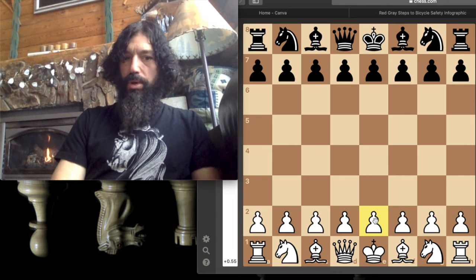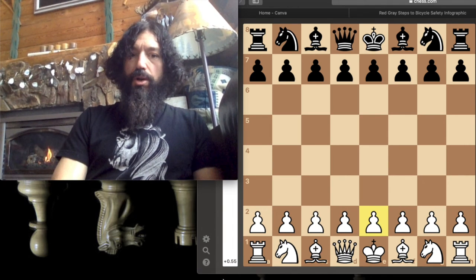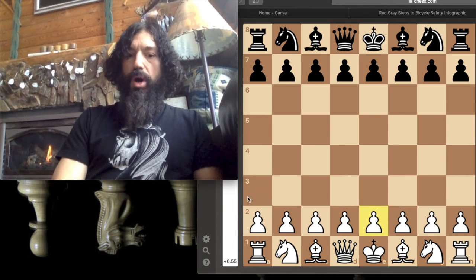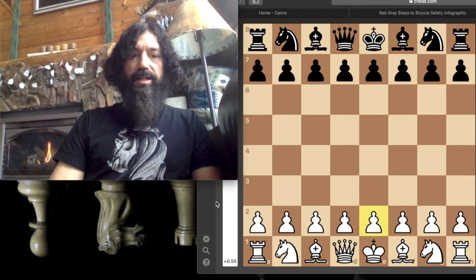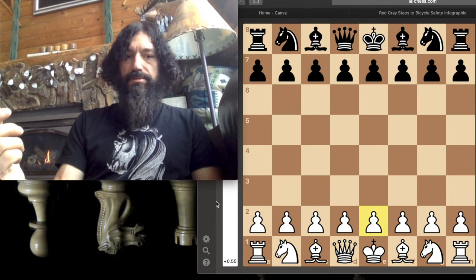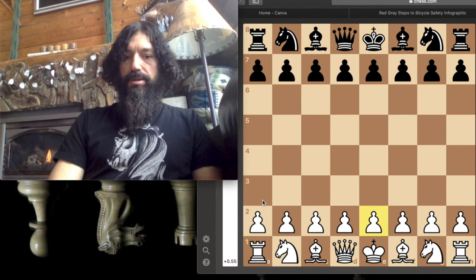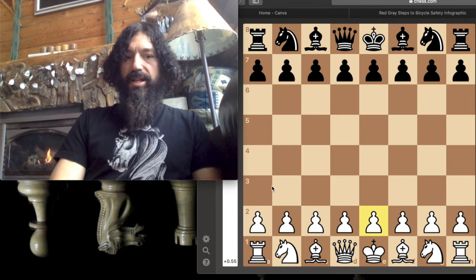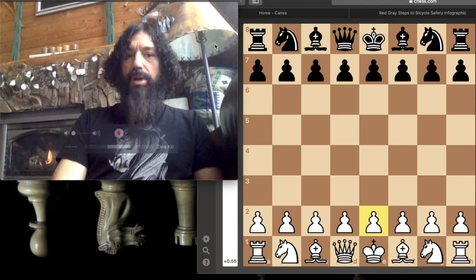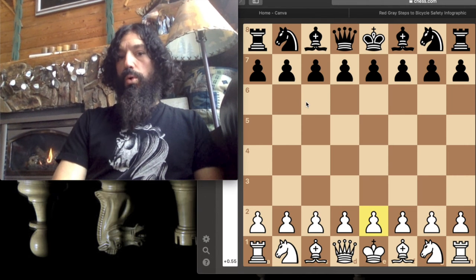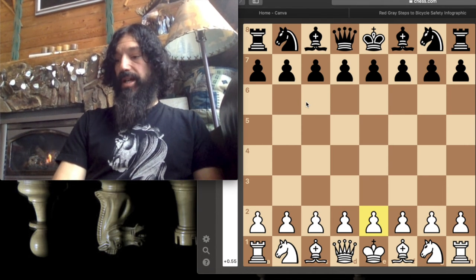Now also important as we talk about the coordinate system is that white is set up on the first and second rank. Now if you're just playing a casual game with another student that you're not going to record, it's not a big deal. But in general, if we're talking about the game, we need to have white set up on the first and second rank, and black is always set up on the seventh and 8th rank.